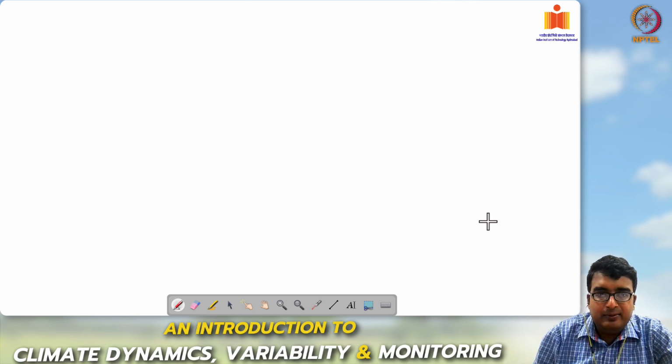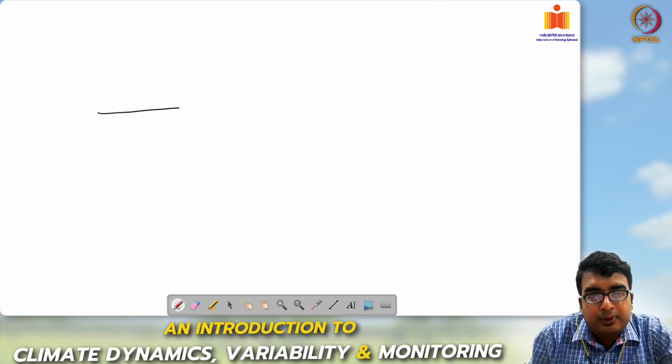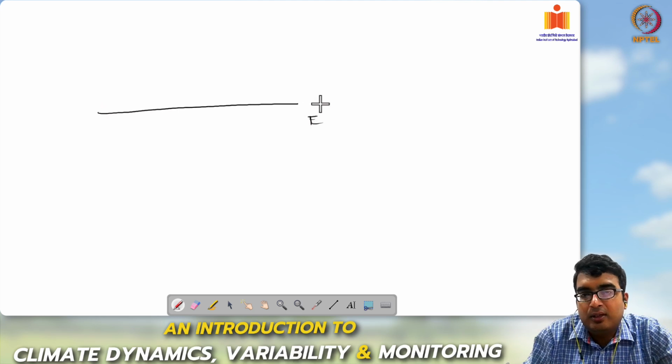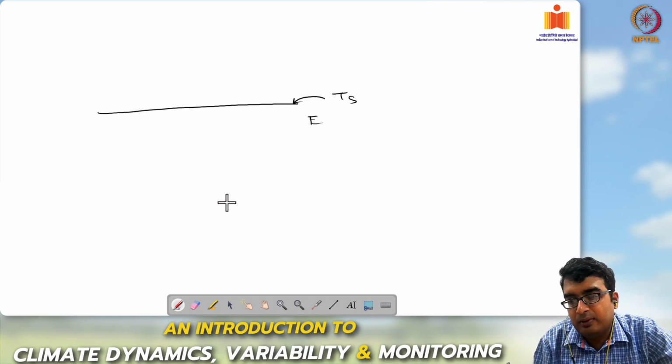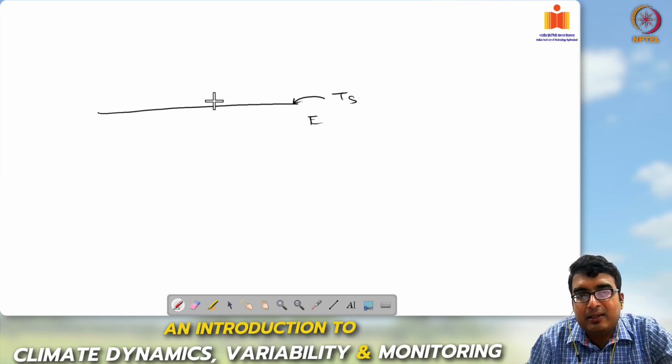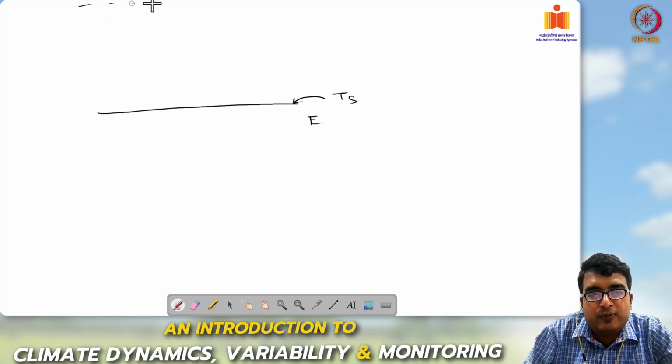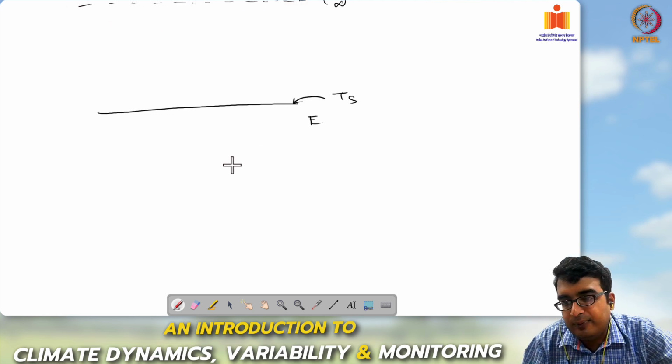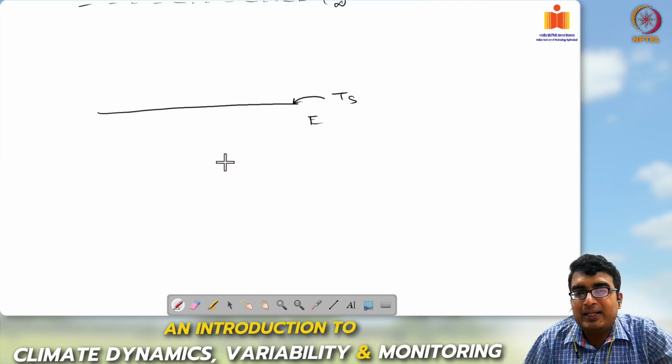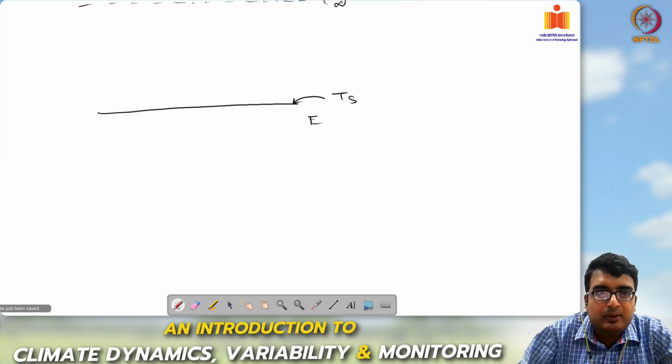We had seen that if this is Earth, the surface of the Earth, which is at a certain temperature Ts, then between the surface and the top of the atmosphere, which is at a certain temperature T infinity, there is a temperature gradient.